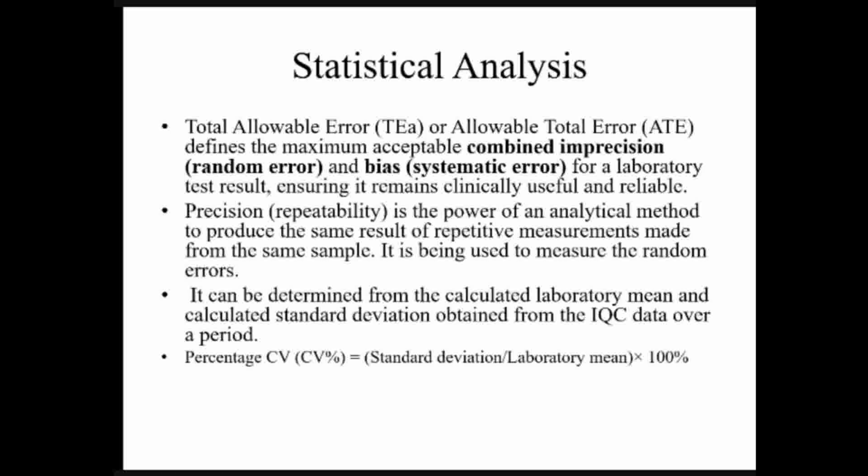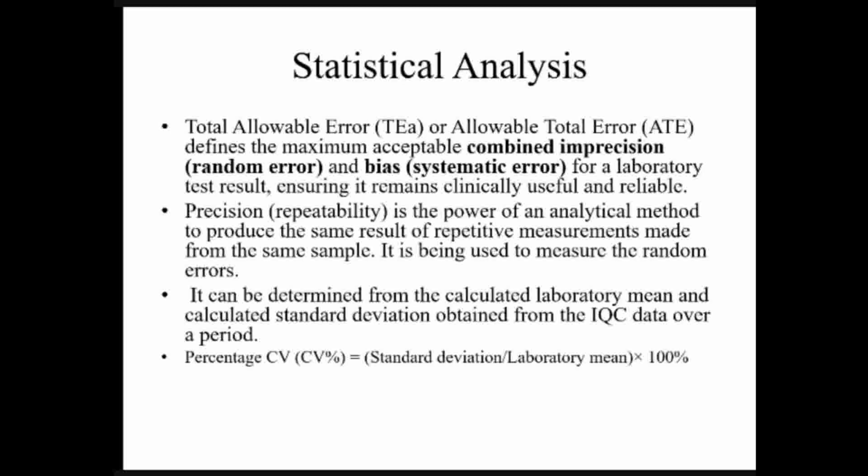Statistical analysis. Total allowable error defines the maximum acceptable combined imprecision and bias for a laboratory test result, ensuring it remains clinically useful and reliable. So, total allowable error has both imprecision and bias.